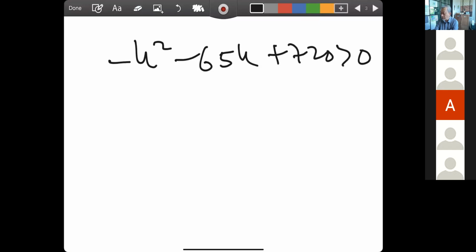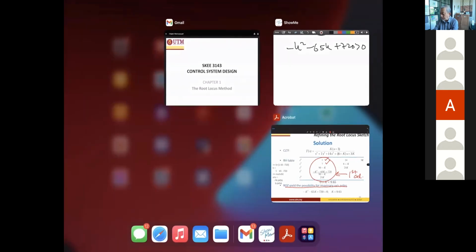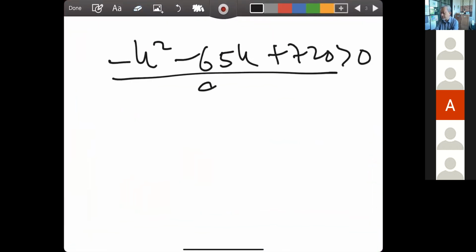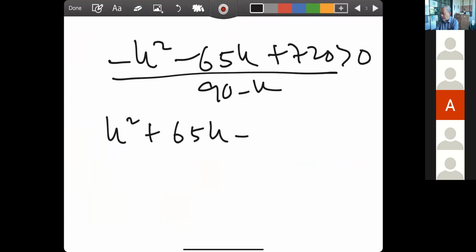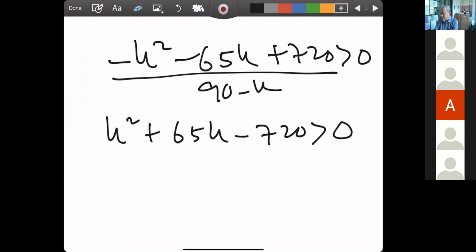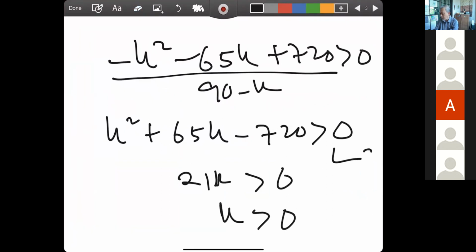Okay, there is a fraction over 90 minus K, so you multiply, leaving K squared plus 65K minus 720 less than 0. This one you have to simplify. And then 21K greater than 0, then K greater than 0. So this is equation number 2, and this is equation number 1.